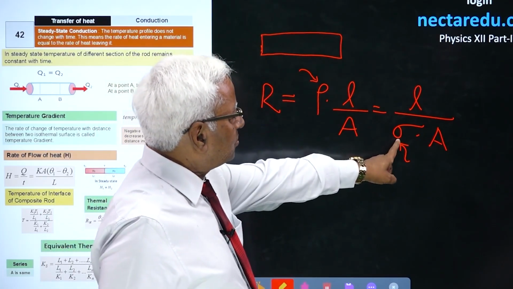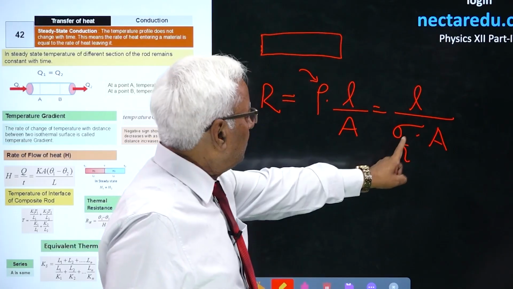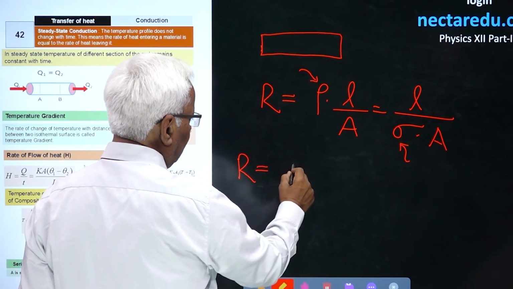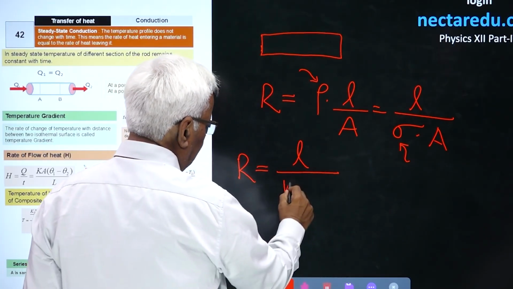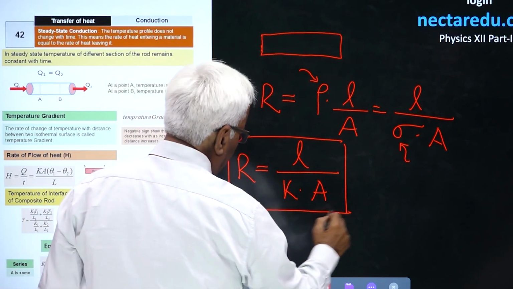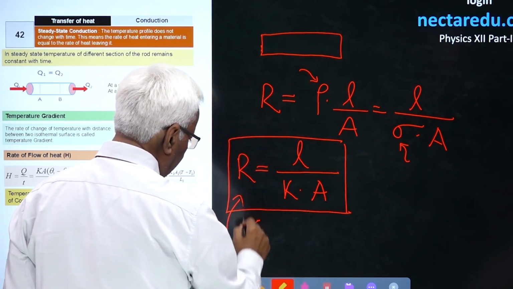Sigma is analogous to thermal conductivity, already we know. Here, this thermal resistance will be defined as L upon K A. This is thermal resistance.